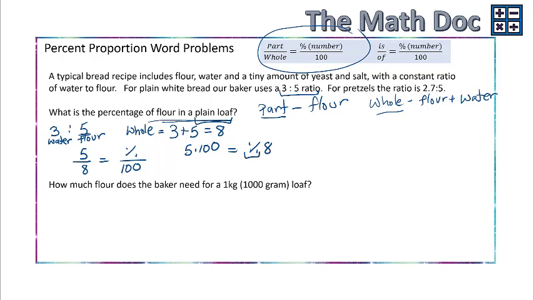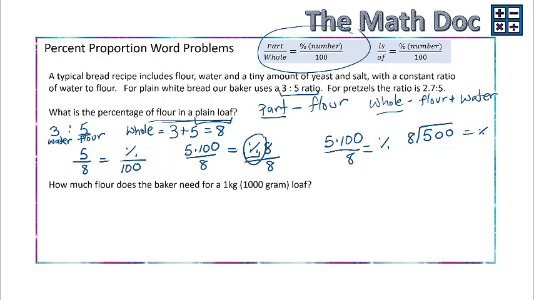Let's divide both sides by 8 so that we can isolate our percentage. We have 5 times 100 divided by 8 equals the percentage. Basically, the percentage equals 500 divided by 8.